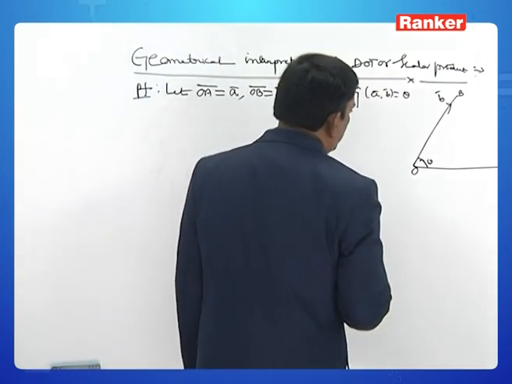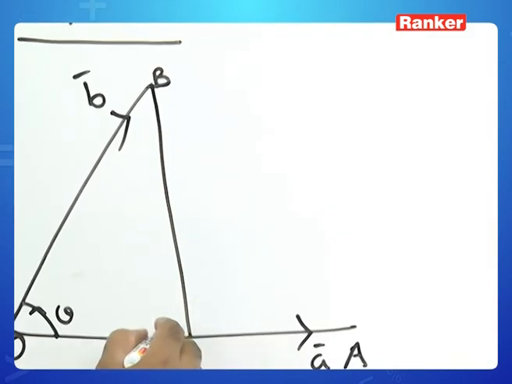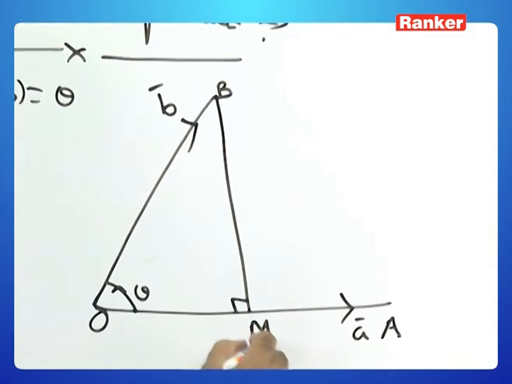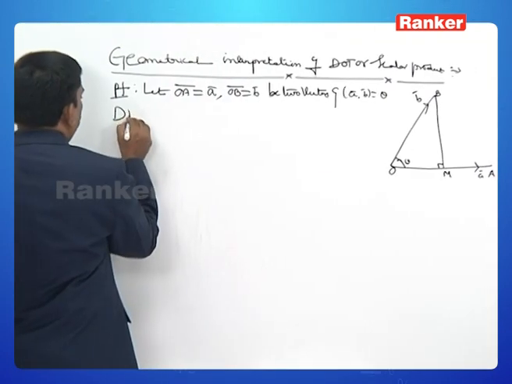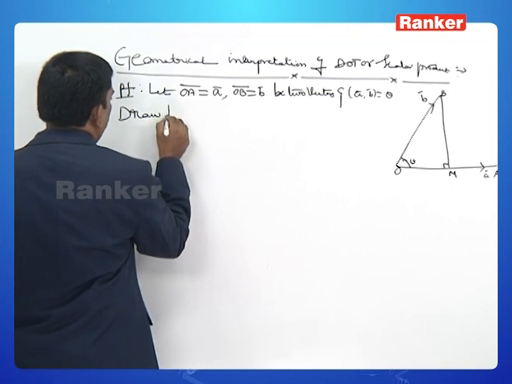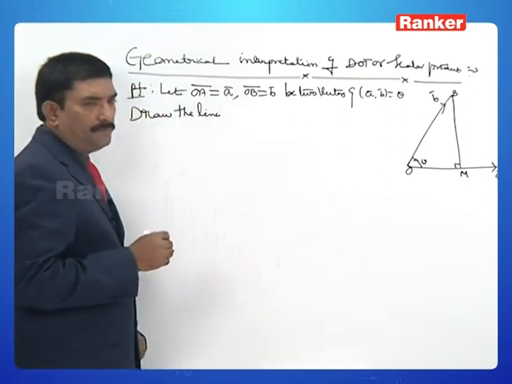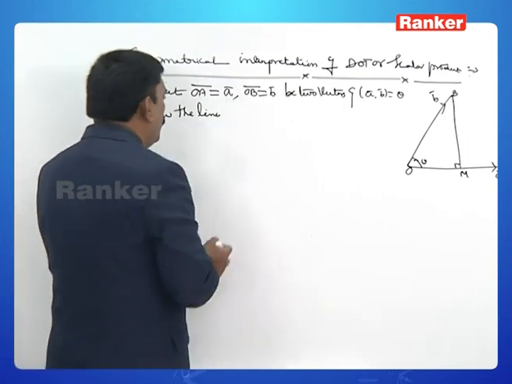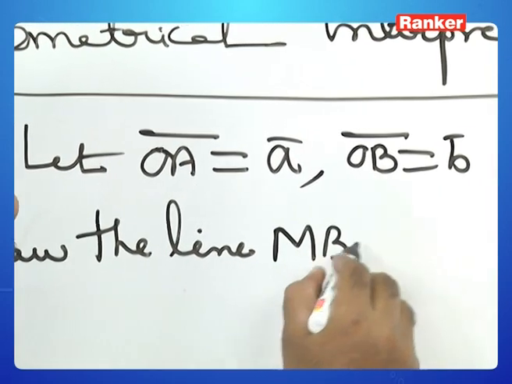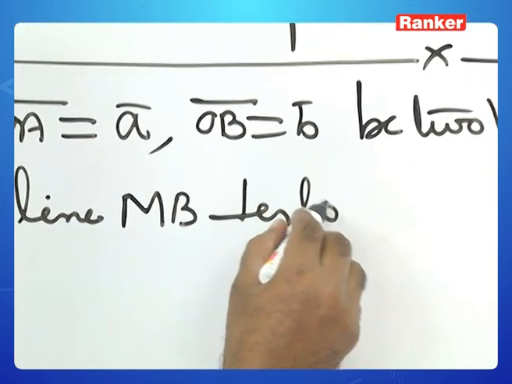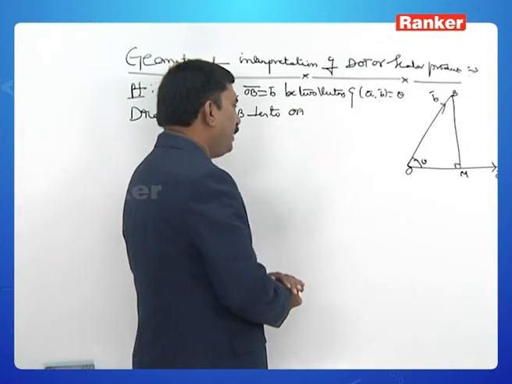Now after this, draw the line MB perpendicular to OA.